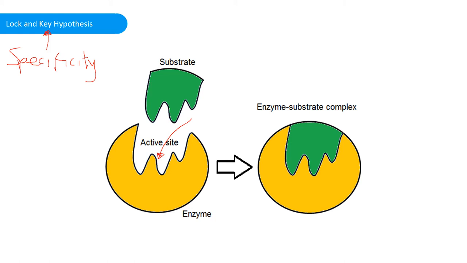They're very, very specific, and only one or a select few things fit into the active site, rather like a lock and a key fitting together very specifically. It wouldn't be much of a lock if all different types of keys would have fit it. So that hypothesis links to, not surprisingly, the fact that they're really, really specific. The substrate going into the active site is complementary to the way that a key fits a lock.